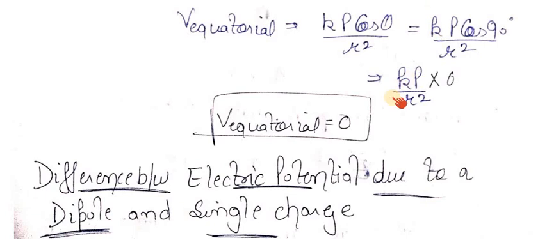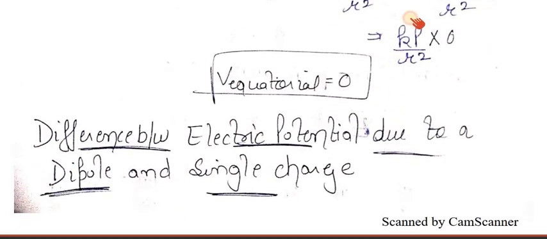We have done the derivation for electric potential due to a dipole, and due to a single charge we did in the first lecture. So now if you compare the potential value for the single charge and the potential value due to the dipole, what will you conclude?